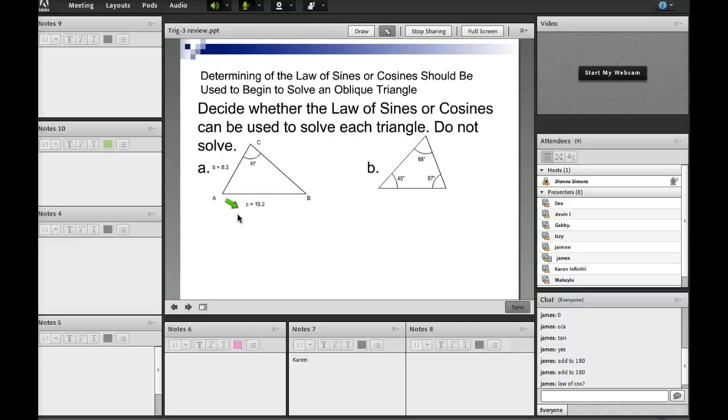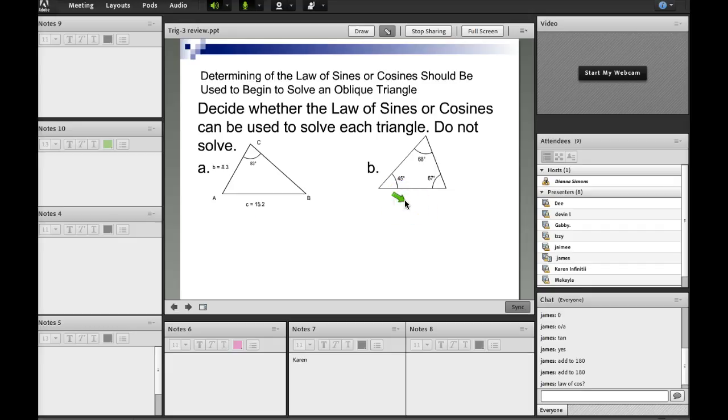Look at what you have. I have an angle and I have the side opposite. If I want this angle, I have the side opposite, so I could use law of sines. For the first one, law of sines. Say sine B over 8.3 and then sine 83 over 15.3 and then solve. Does that make sense?